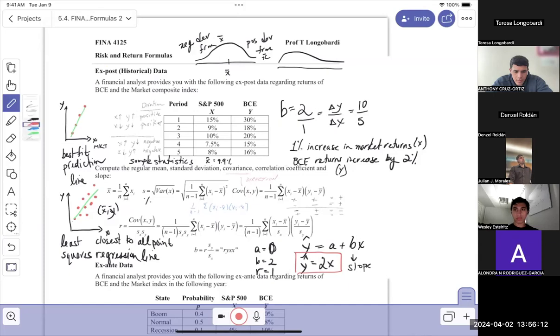Having said that, I could say if there's a 1% decrease in market returns, what happens to BCE returns? Increasing or decreasing? So the -1 would be a 1% decrease in market returns.